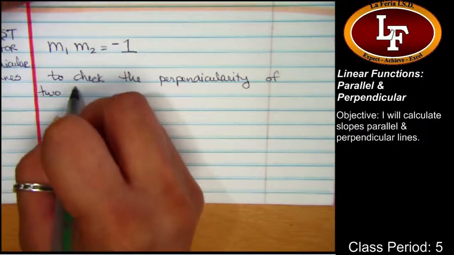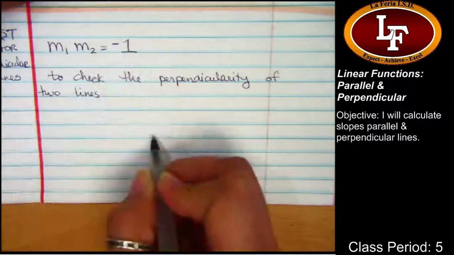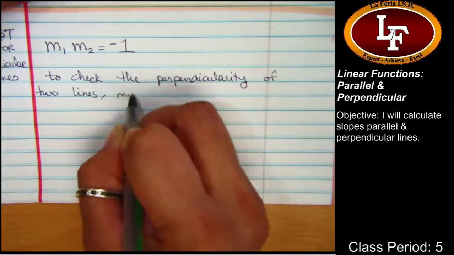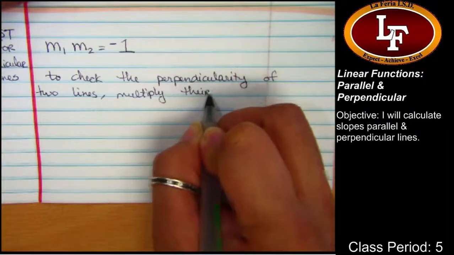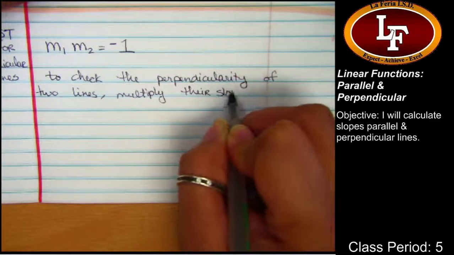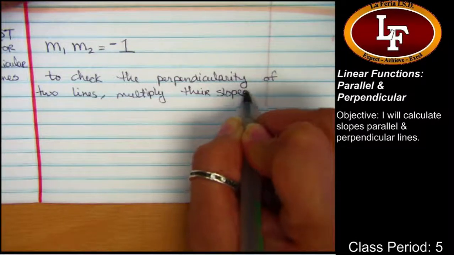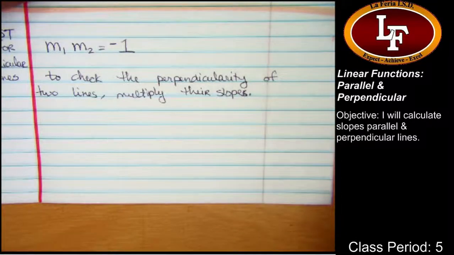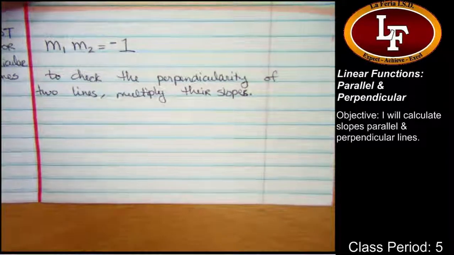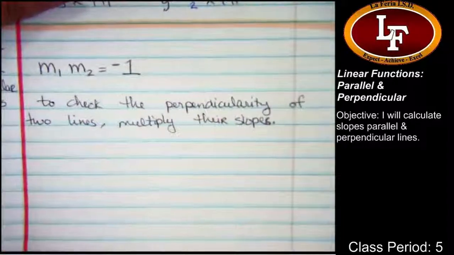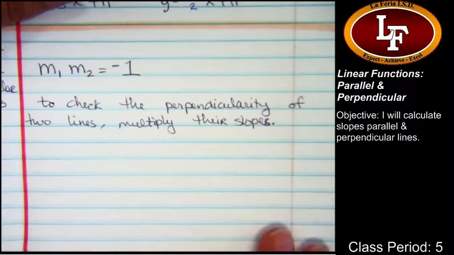of two lines, multiply their slopes. Did I use the right 'their' there? Yes, it belongs to them. I always get those mixed up. There are like three or four of them, who knows which one is which?